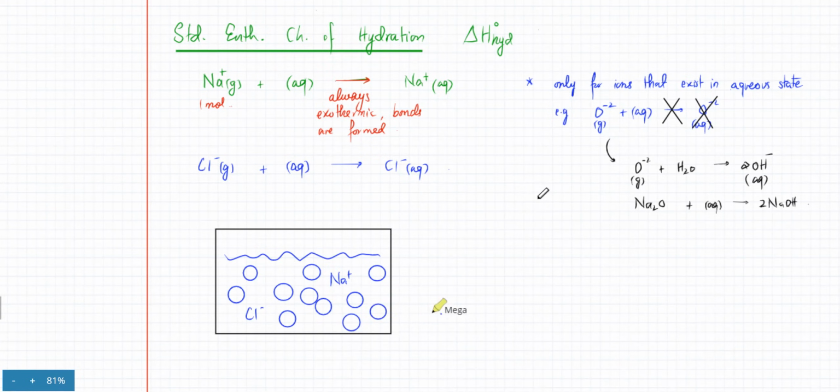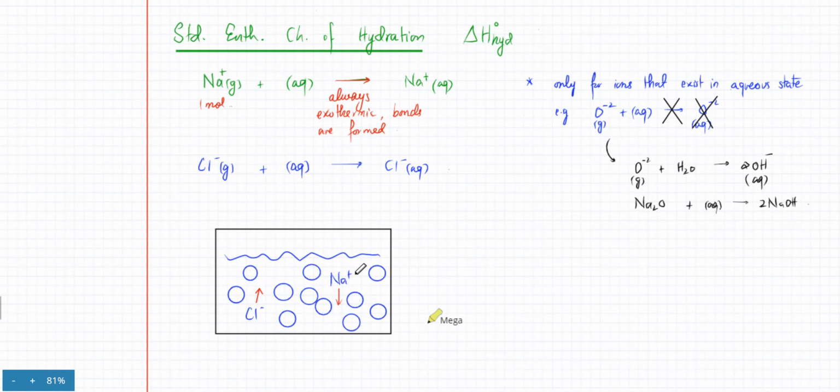Now, our idea of Na+ and Cl- aqueous so far has been that this Na+ is just randomly floating around. I mean, this is what we think is happening. They're just randomly moving around inside water.